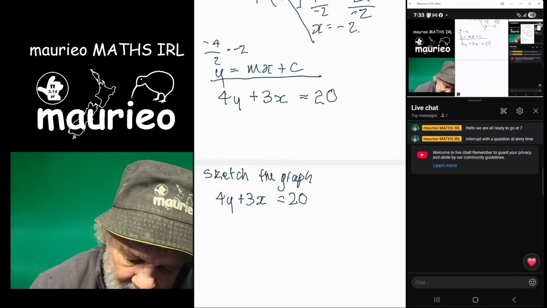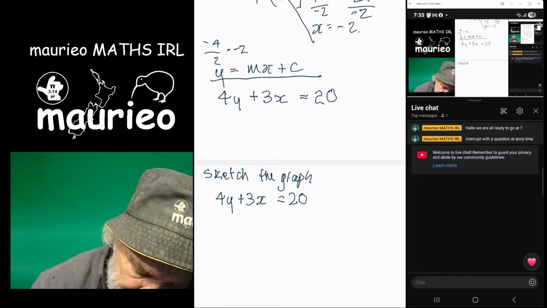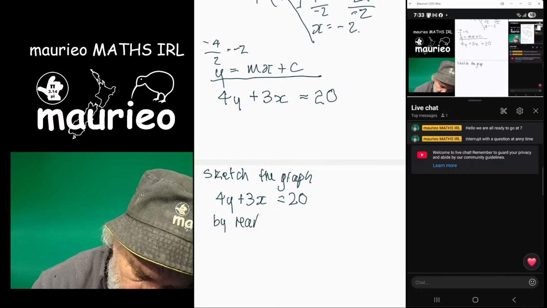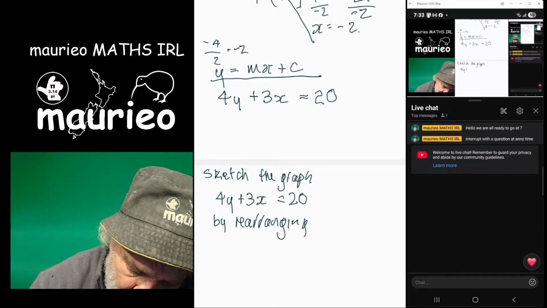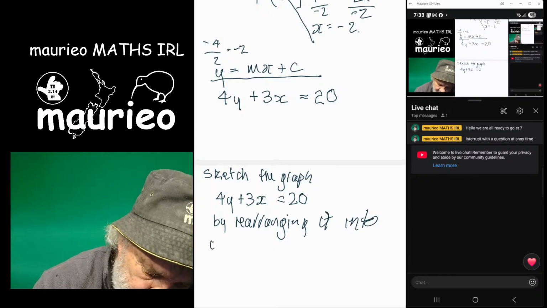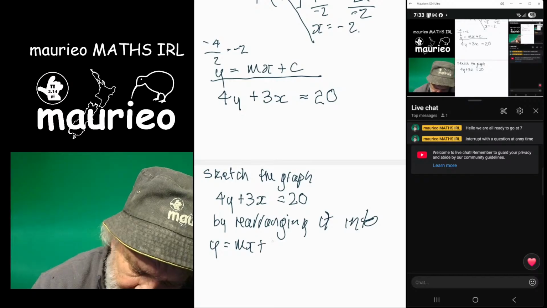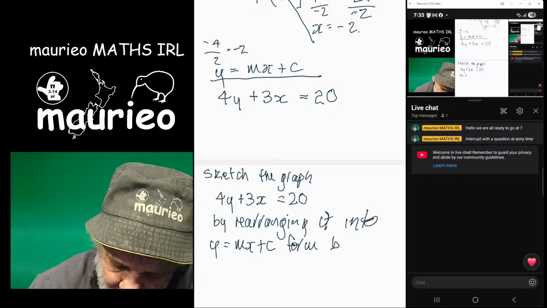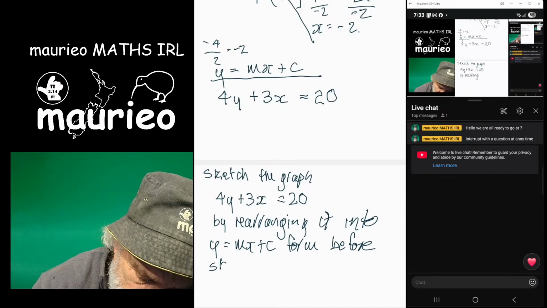So that will be the graph, by rearranging 4y plus 3x equals 20 into y equals mx plus c form before sketching.